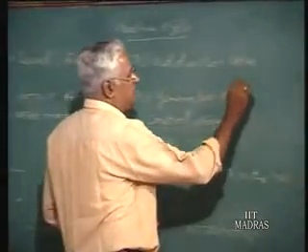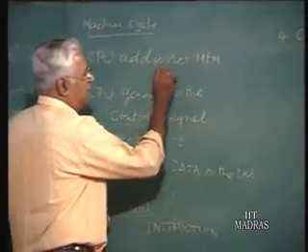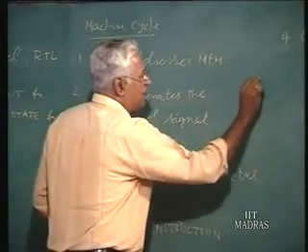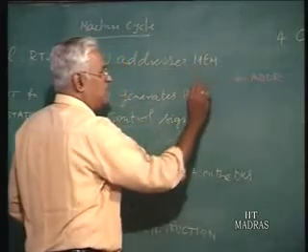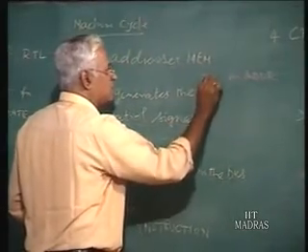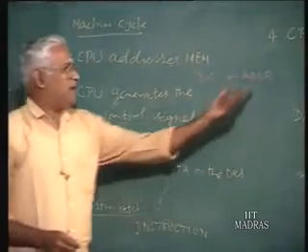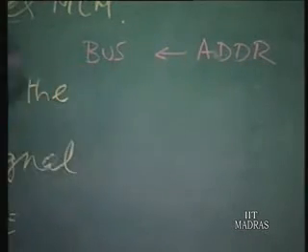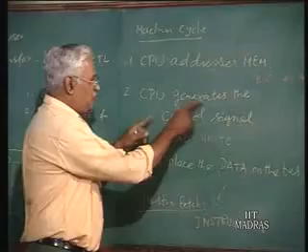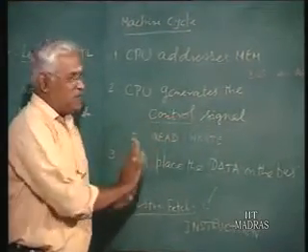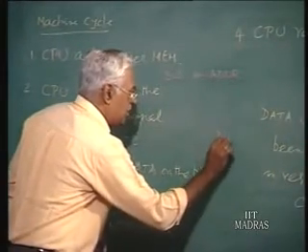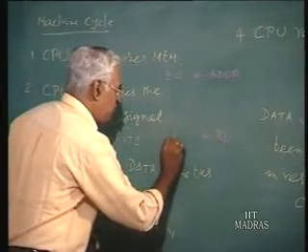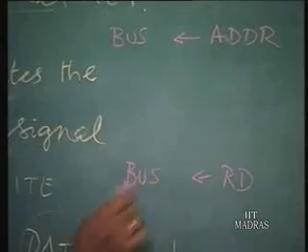CPU addressing the memory, this particular thing I will rewrite as some address is placed by the CPU on the bus. Now the CPU generates the control signal. Now I will assume read. So I will say some control signal, call it read, is placed on the bus.